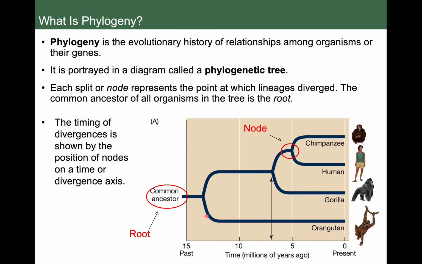All right, so what is phylogeny? It is, in short, just the evolutionary history of the relationships between a particular group of organisms that you want to study, and it's typically portrayed in what's called a phylogenetic tree, which would be a diagram similar to what you see on the slide here.